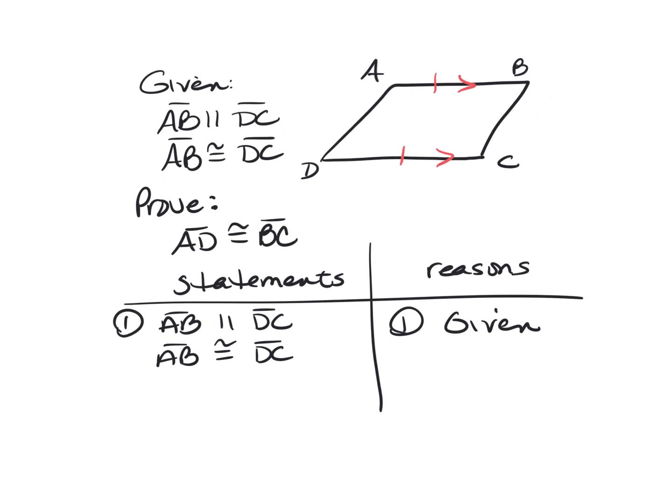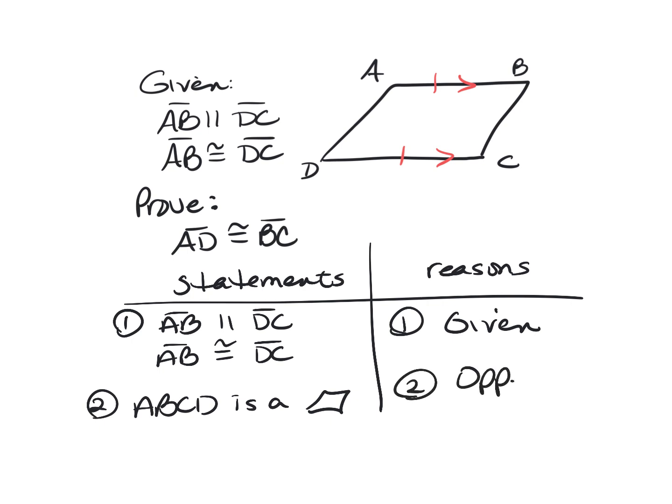Then for number 2, I'm going to state that ABCD is a parallelogram. And that reason is the opposite sides parallel and congruent theorem.